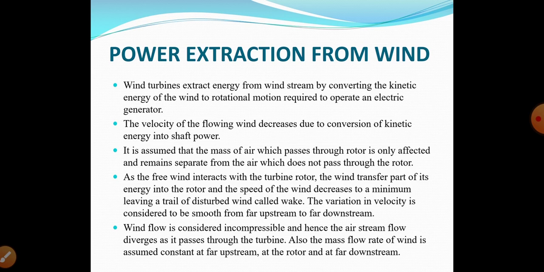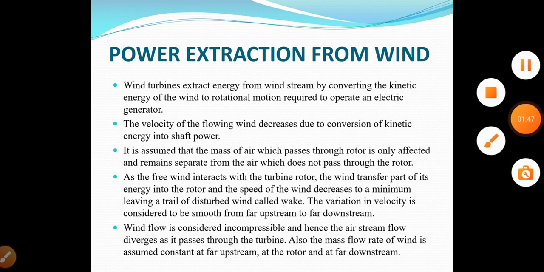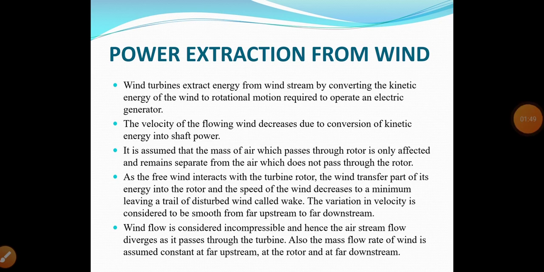So accordingly, as free wind interacts with the turbine rotor, it passes its energy to the turbine rotor, and the energy left with the wind is low. After transferring the energy, the speed of the wind also decreases to a lower level.